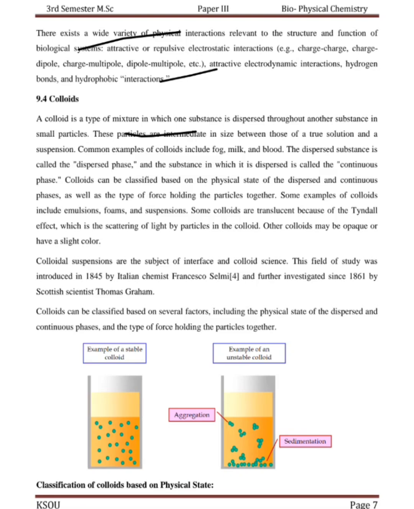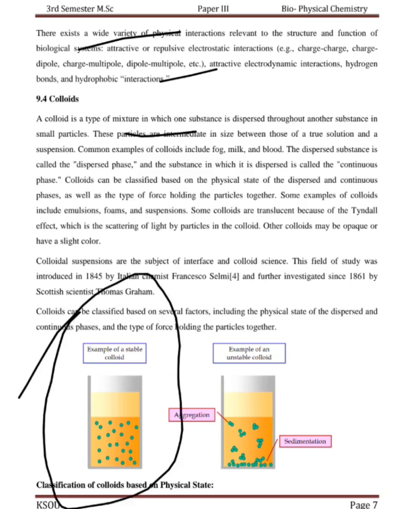It should be dispersed equally, so there should be no aggregation or sedimentation taking place. Colloids can be classified based on several factors, including the physical state of the dispersed and continuous phase and the type of force holding the particles together. For example, this is an example of a stable colloid.